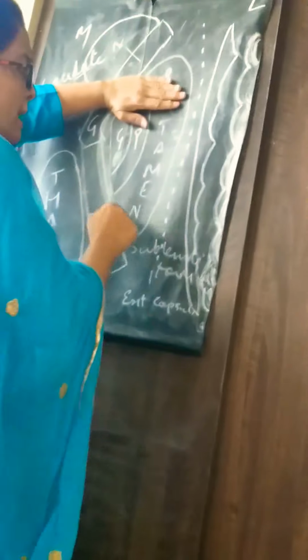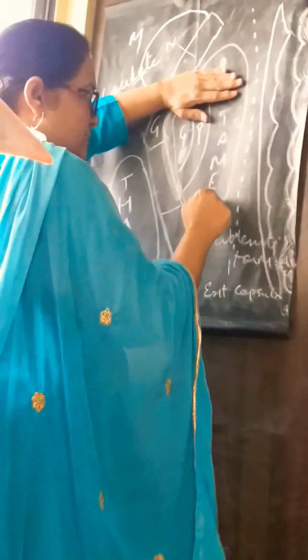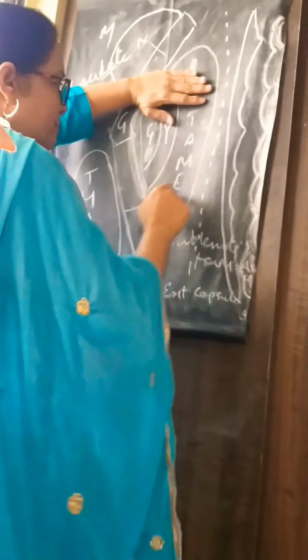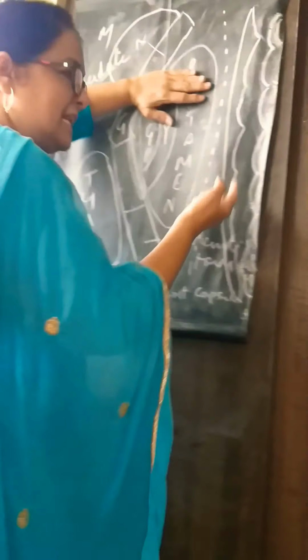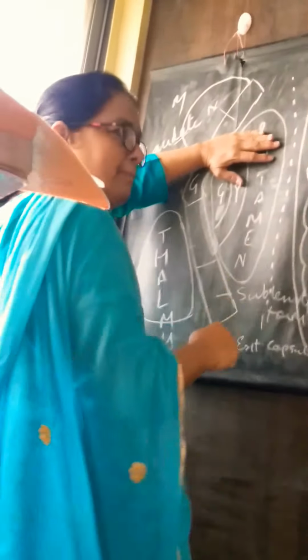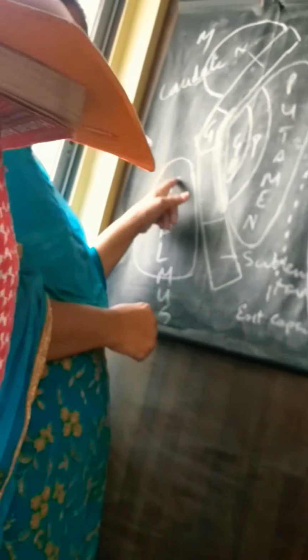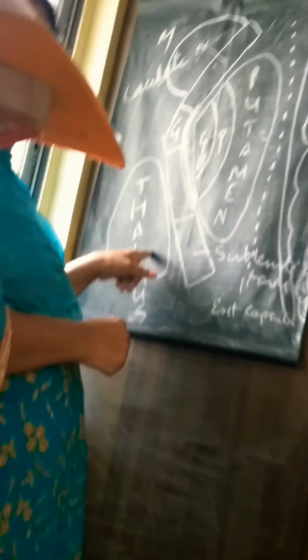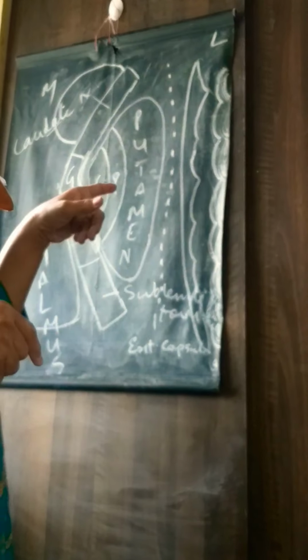So laterally the posterior limb is related to the lower part of the lentiform nucleus, and medially to the thalamus.